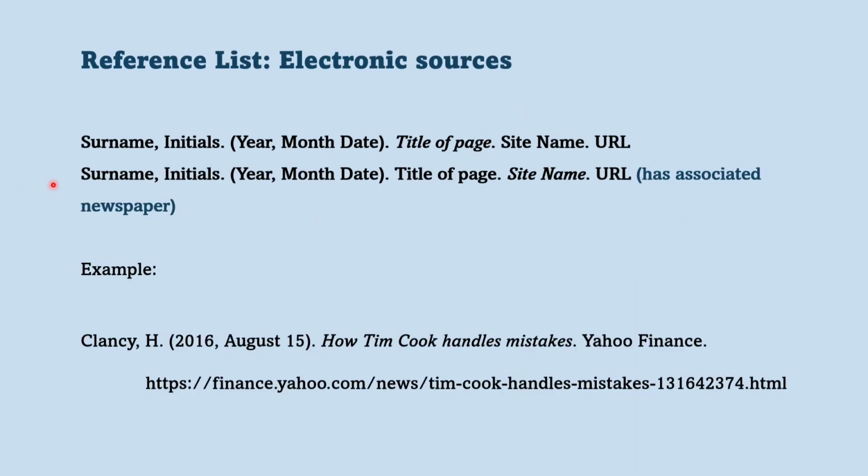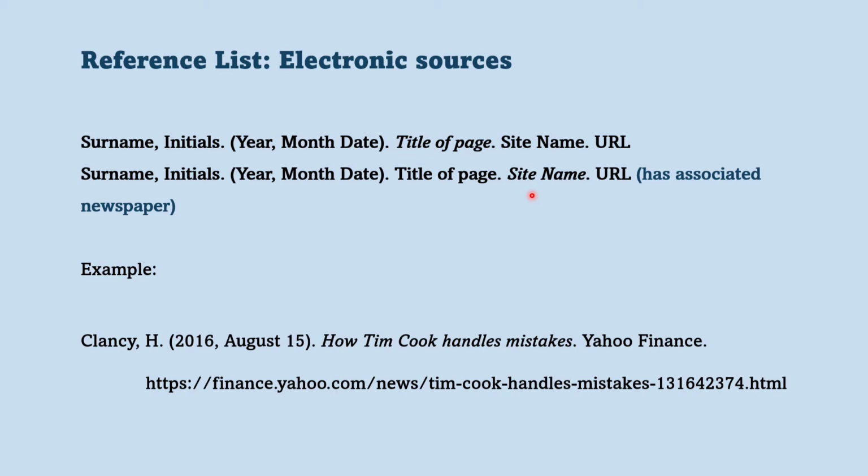And lastly, for electronic sources, we should include surname, initial, year, month, and date, title of page, site name, and URL. If the electronic source has an associated newspaper, we should make the site name italic.